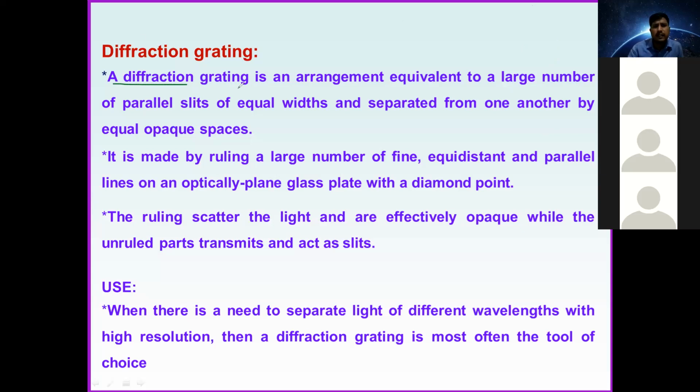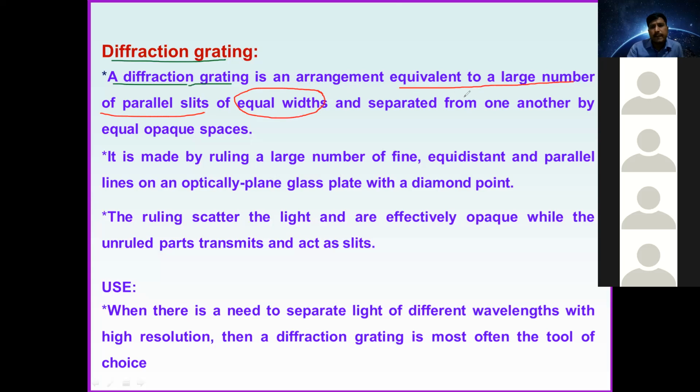Diffraction grating. This is one method of getting the Fraunhofer diffraction, an arrangement equivalent to a large number of parallel slits of equal width, separated from one another by equal opaque spaces.